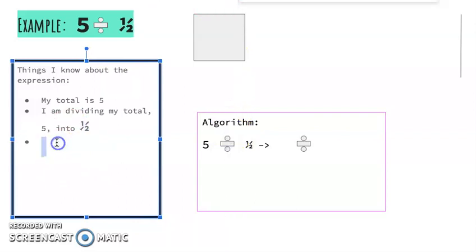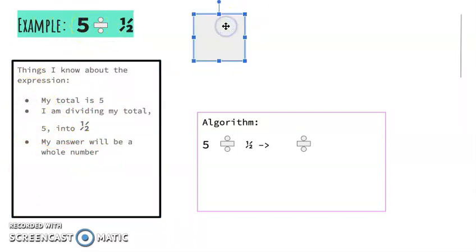And last but not least, I know that my total is a whole number, so that tells me that my answer will be a whole number. So now that I already know this about my expression, I'm going to start with my area model or my picture model. So my total is 5, so I need 5 squares.